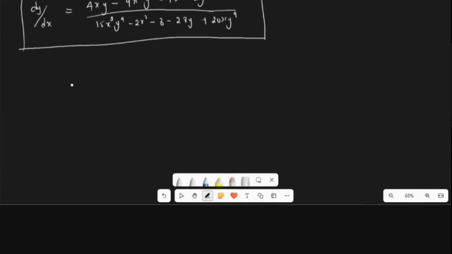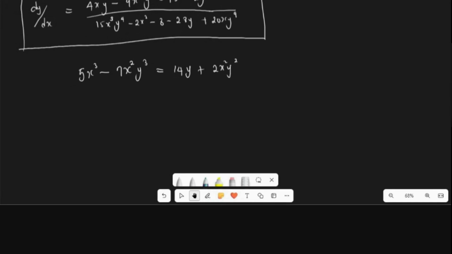So we can say something like 5x to the power of 3 minus 7x squared y cubed is equal to 14y plus 2x squared y squared.